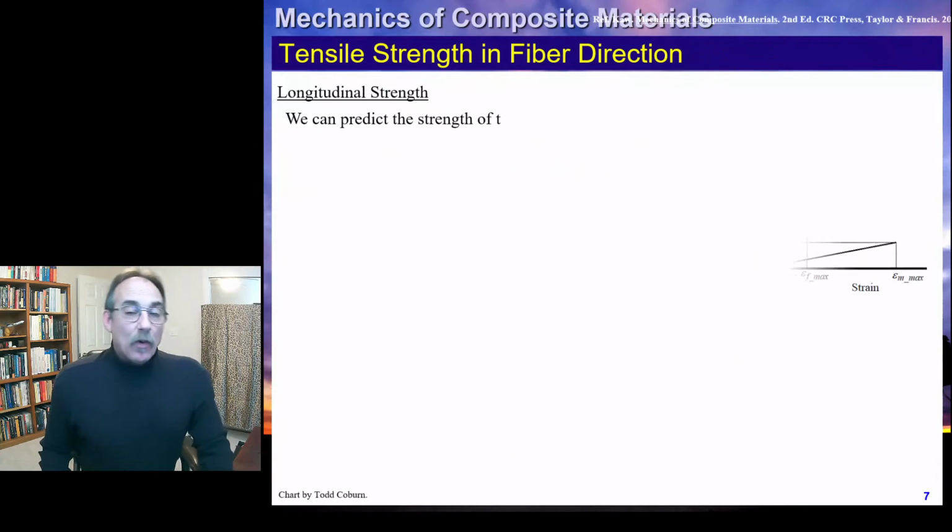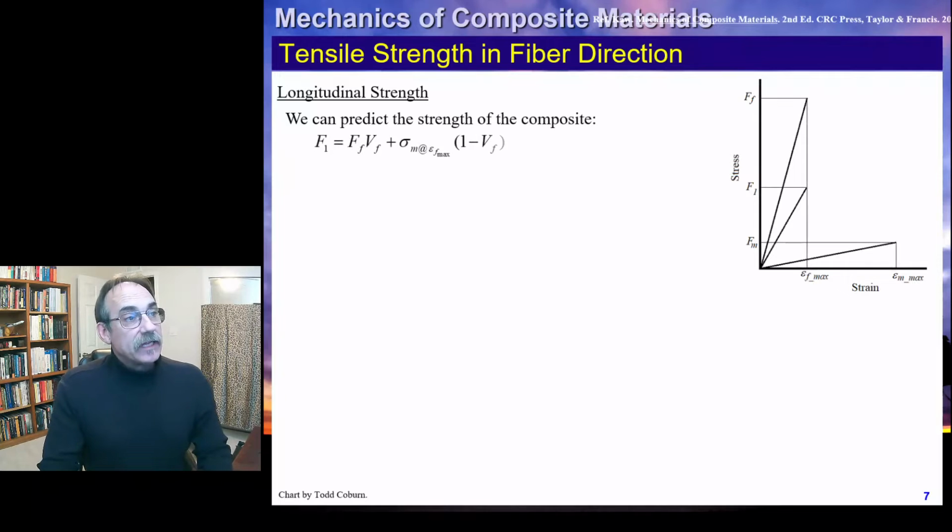All right, so now we're ready to develop our strengths. Let's start with the tension strength, since we're practically there, we've already been talking about it. We can write our tension strength, or our strength of the composite, and actually I'm making this general here, F1, the strength of the lamina in the one direction, is just the fiber strength times its volume fraction plus the composite stress at the max fiber strain times its volume fraction.